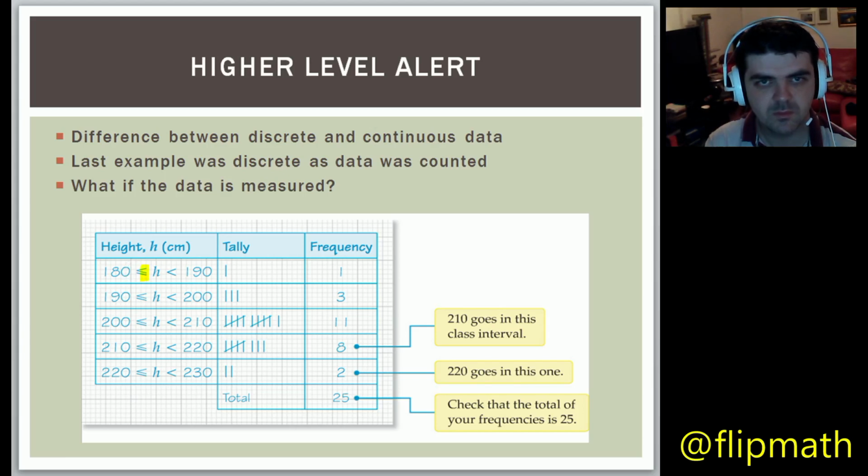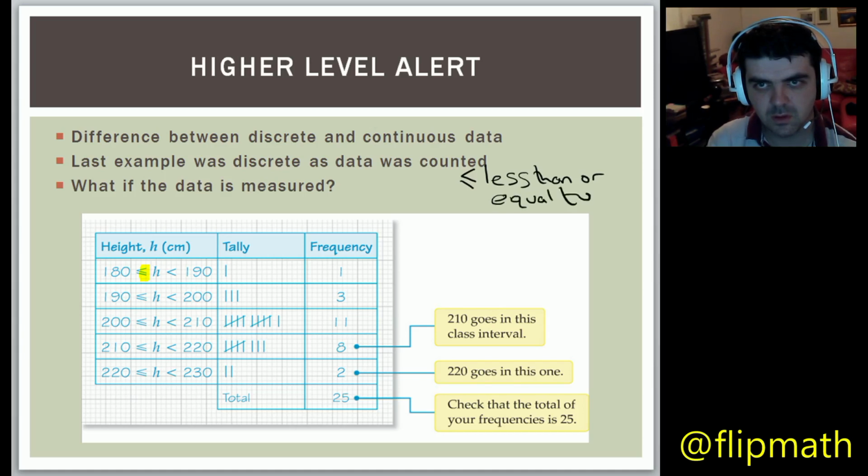That one means less than or equal to. And this one here just means less than.